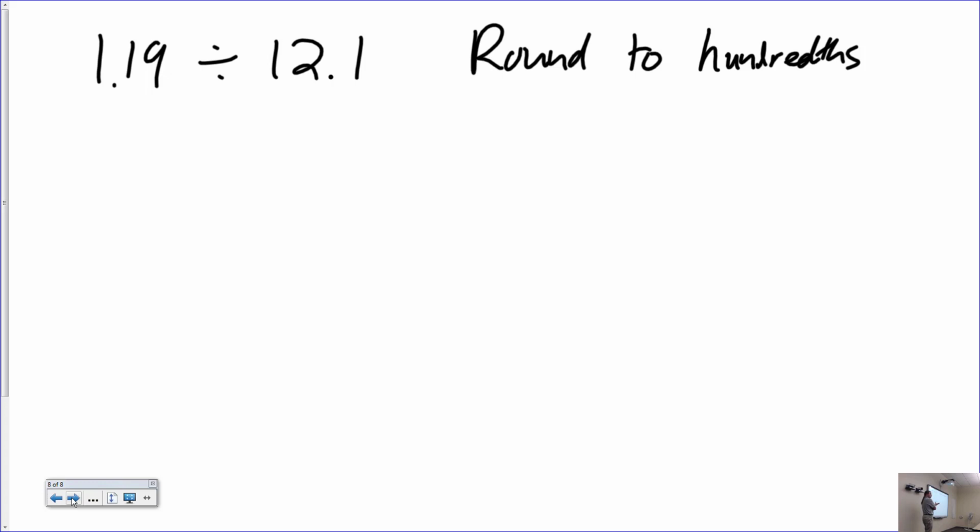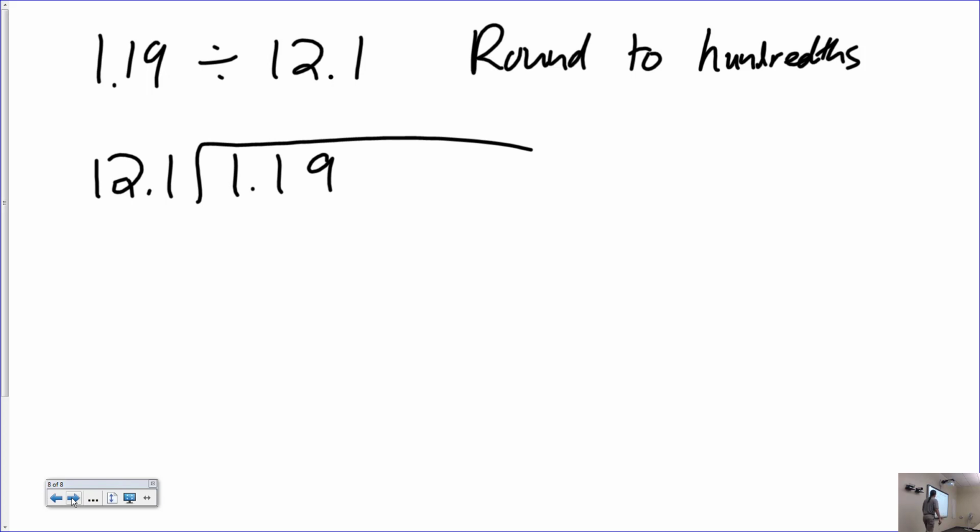You just have to get to the point where you know how to round to the hundredths. Okay? So how are you going to do 1.19 divided by 12.1? Move the decimal 1 time. So we only move the decimal 1 time on the inside. Note that makes the decimal move right up between the 1 and the 9. Get as many zeros as you need.